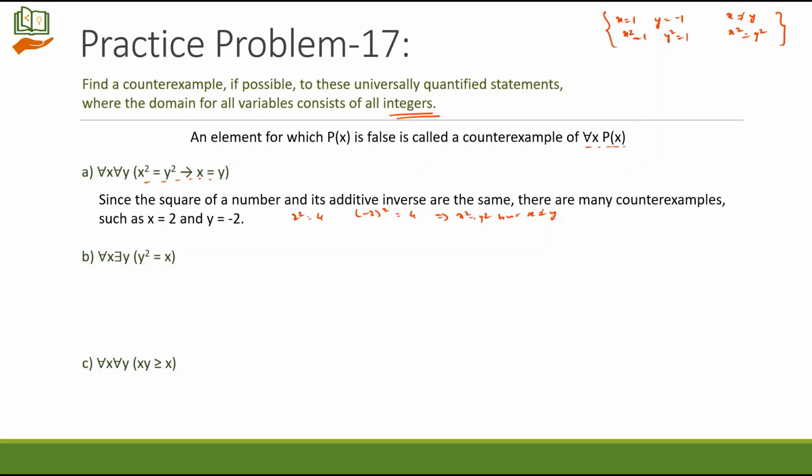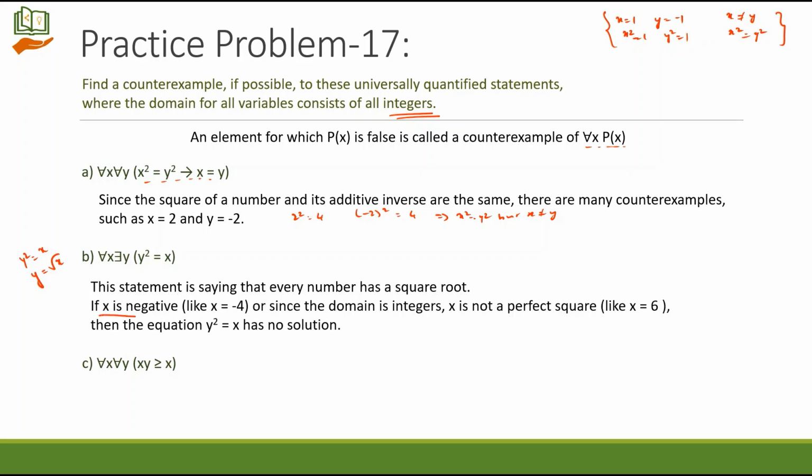When they say y square is equal to x, then what is y? Y should be root of x. This statement is saying that every number has a square root. When you take in the context of negative numbers, this equation has no solution is what they say. Say for example, when x is equal to 9, we know y square is equal to 9.